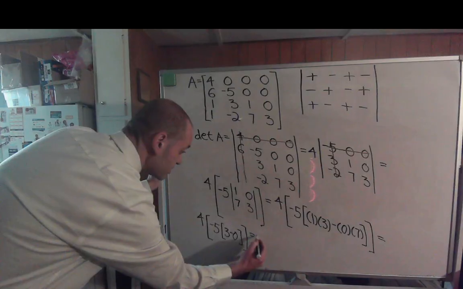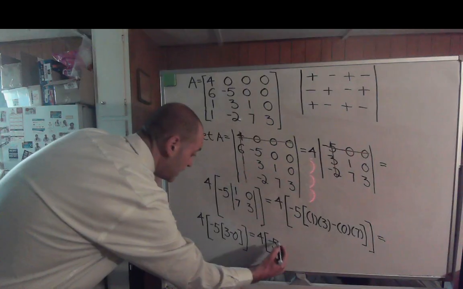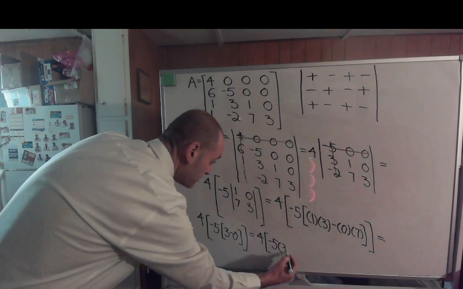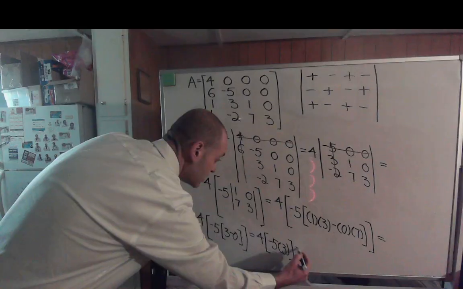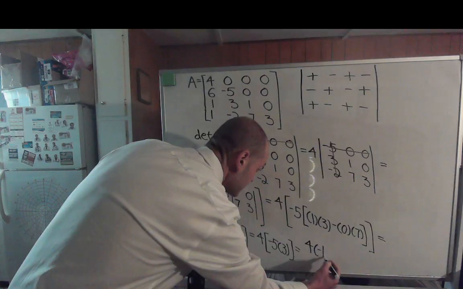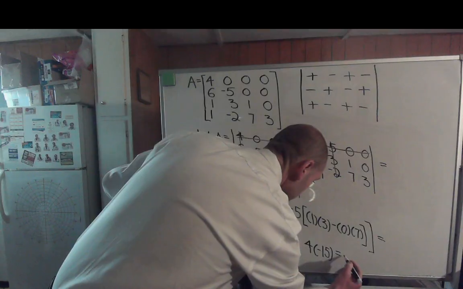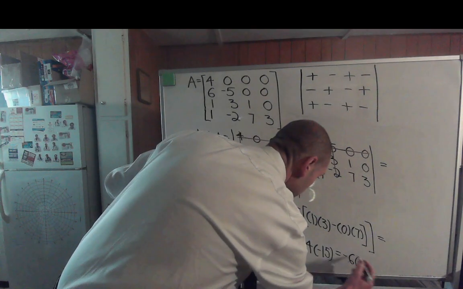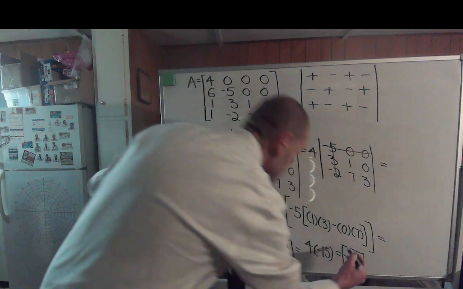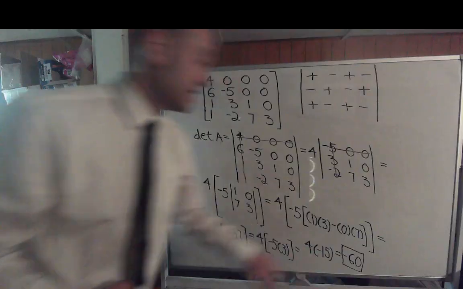So this would end up turning into 4 times -5 times 3, which would end up giving you 4 times -15, which would mean your determinant of A is going to be -60. So the determinant of matrix A in this case is -60.